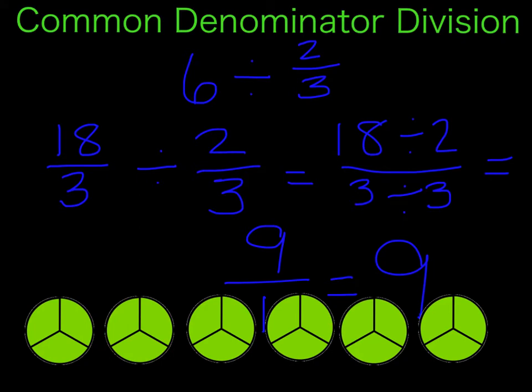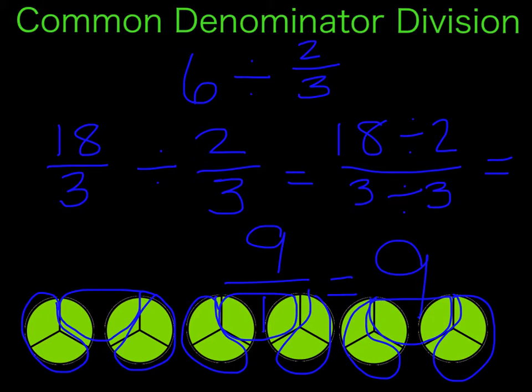To see why this method works, let's look at 6 whole circles that have been divided into thirds. If we were to go through and circle 2/3 of each one of these, we would end up with 9 total circles. It would look like this. As you can see, I've created 9 circles around 2/3 of each of these whole pieces.